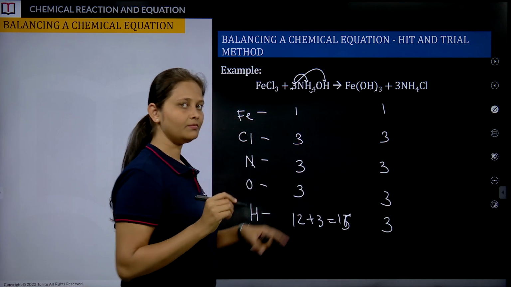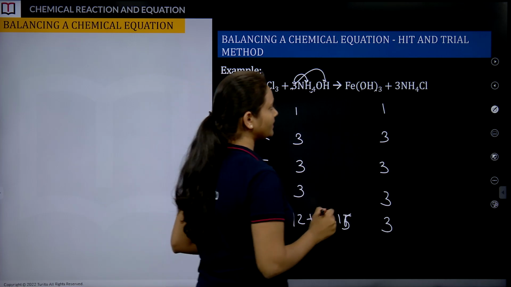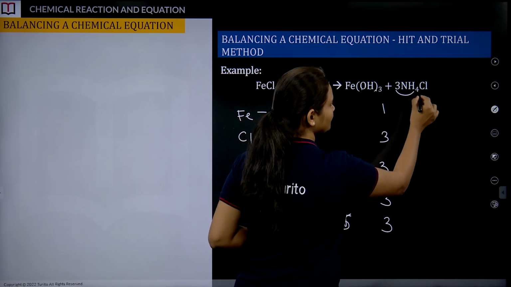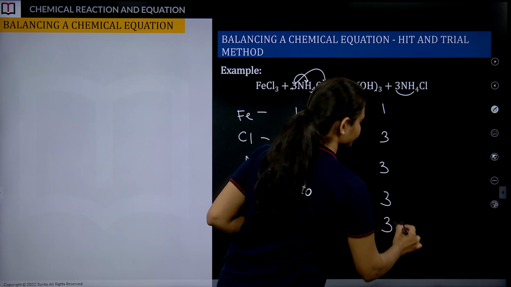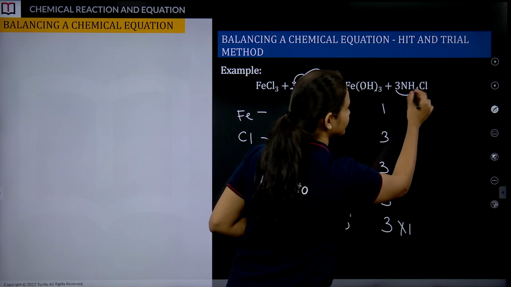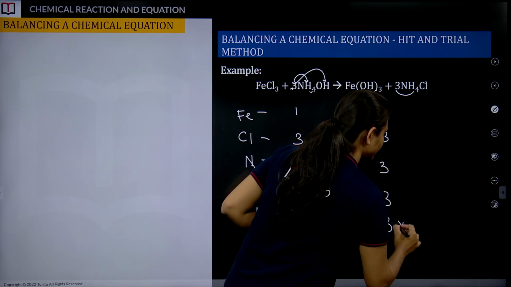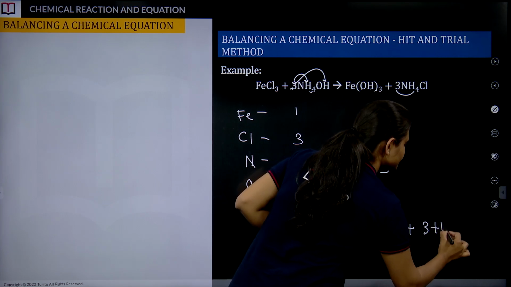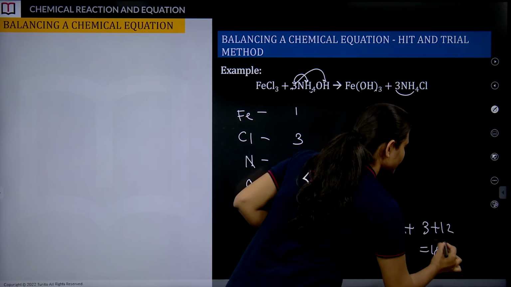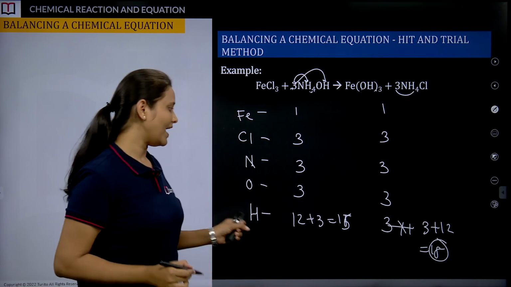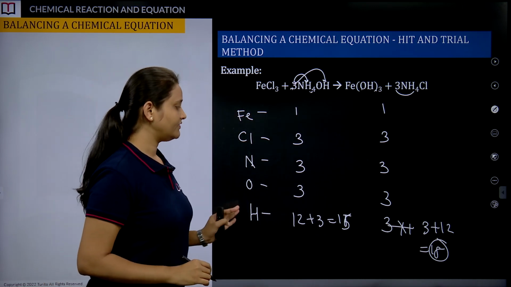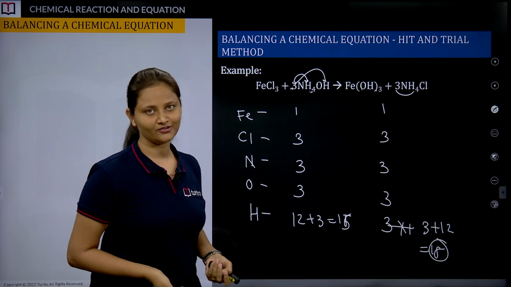This 3 is applicable for hydrogen, which is 3 in number. Then 3 into 4, that gives you 12. We need to add this 3 plus 12, giving you 15 atoms of hydrogen. If we see, it is the balanced chemical reaction.